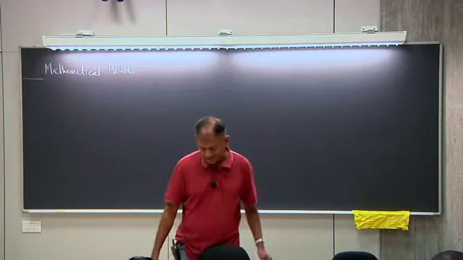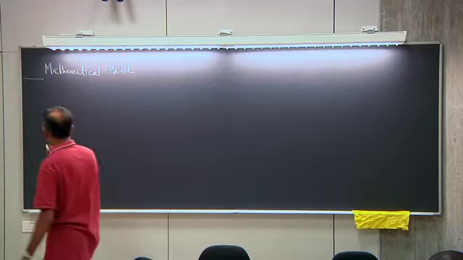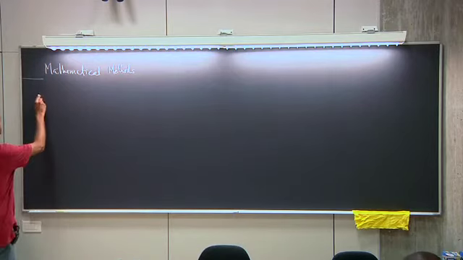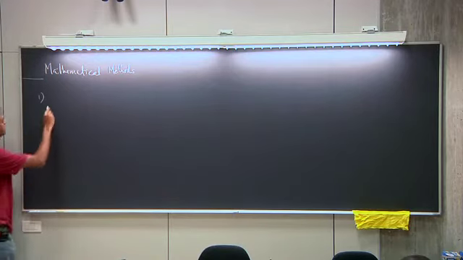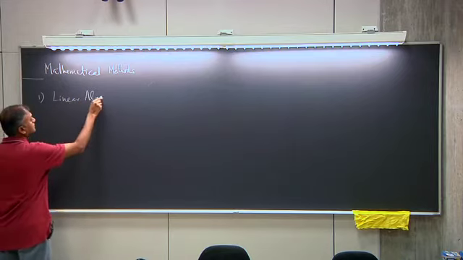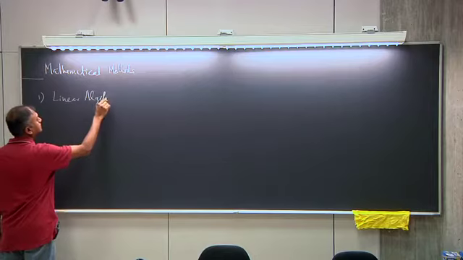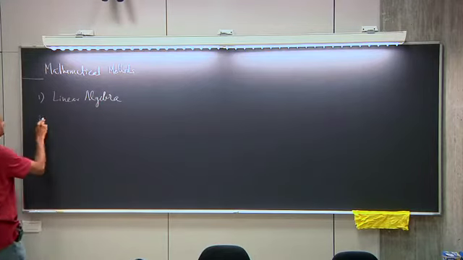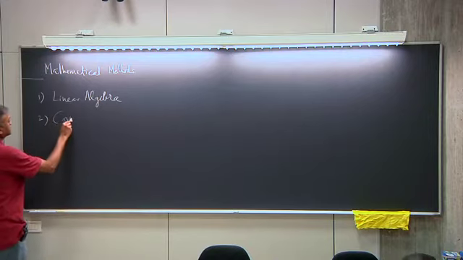Fine. So there are basically 4 topics I'll be covering, right? The first one is linear algebra. That's the first chapter. I think it will probably take about 7, 8 lectures maybe. The next one will be complex analysis.